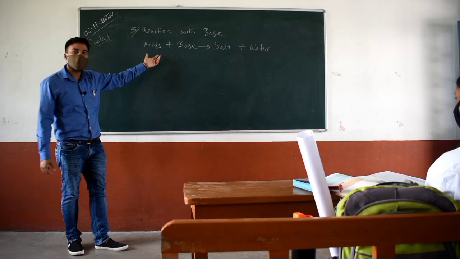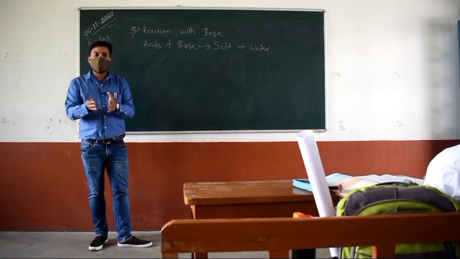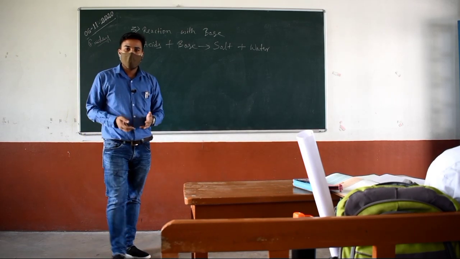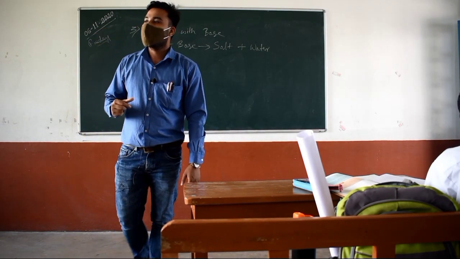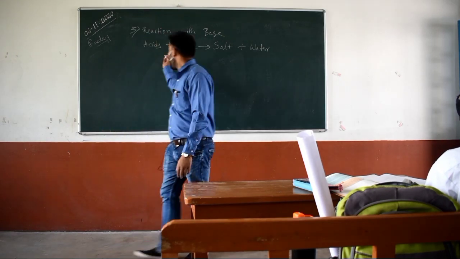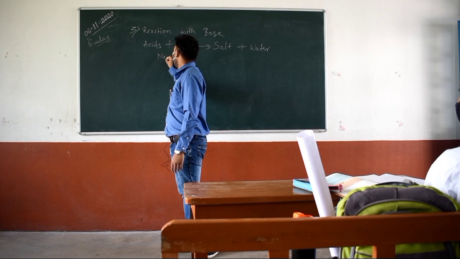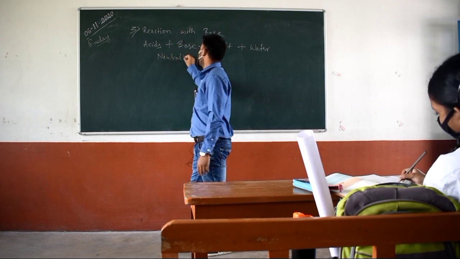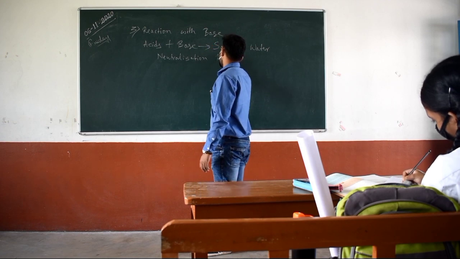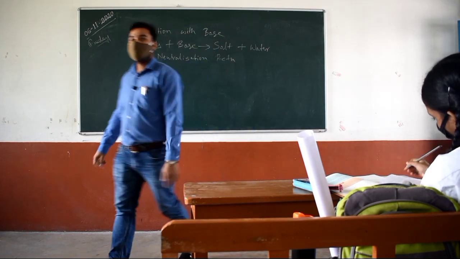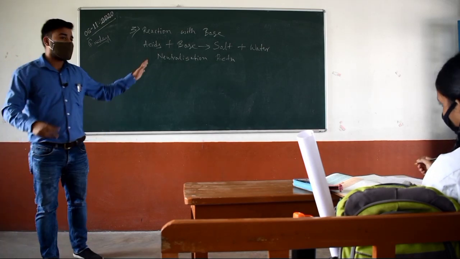So instead of this I will write base plus acid, same thing only, acid plus base or base plus acid, same only. So the third reaction is the similar reaction which is there in acids, and this type of reaction is known as the neutralization reaction.